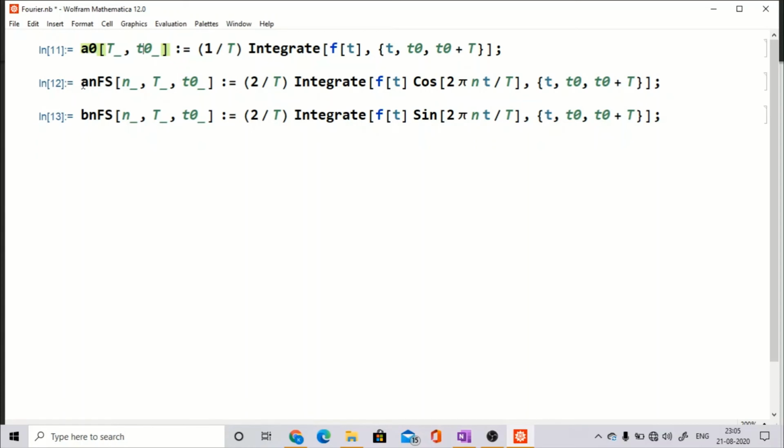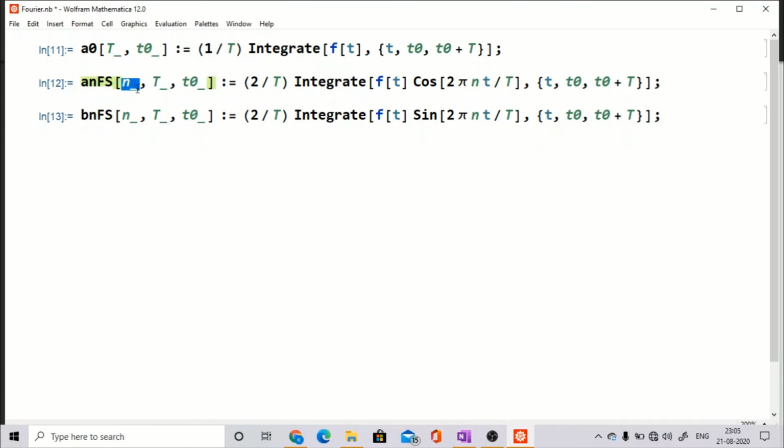Now the an I have defined as anfs is equal to 2 by T integration of f of t cos of 2n pi t by capital T, where t is varying from t0 to t0 plus T. Here also it is a function of capital T and t0. Again, it will not be a function of small t because the dependence is removed by integration.